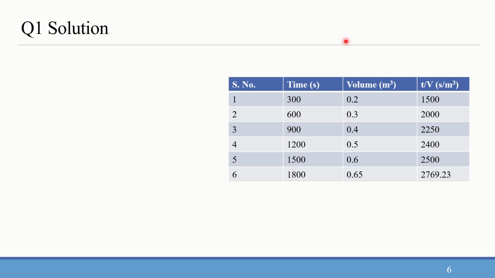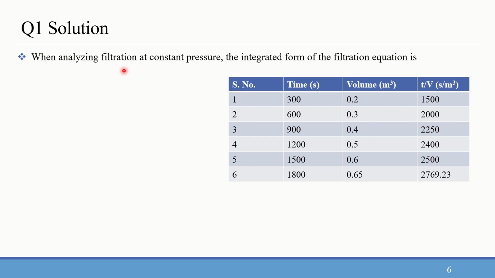First we'll write what is given: time is given in seconds and volume is given in meter cube. So we'll come back to this later. When analyzing the filtration at a constant pressure, the integrated form of the filtration equation is t by V equals mu alpha C V by 2 A square delta P plus mu Rm by A delta P. So we'll have a slope and intercept.